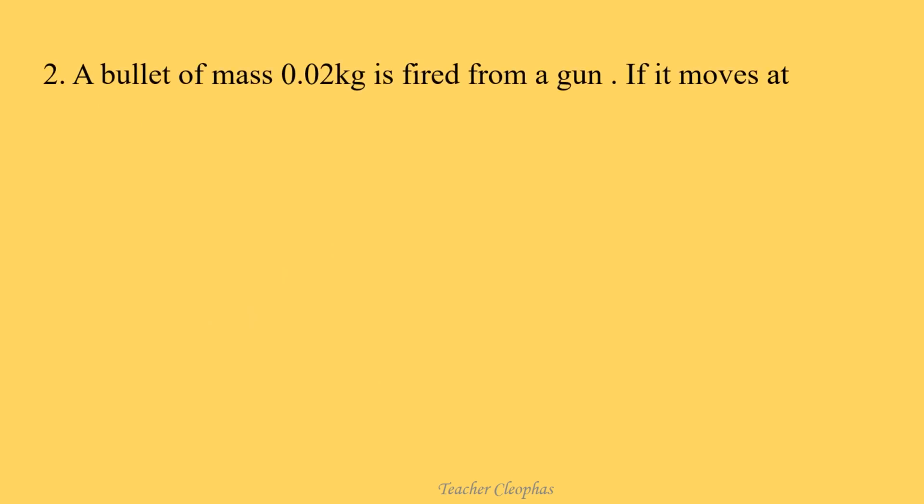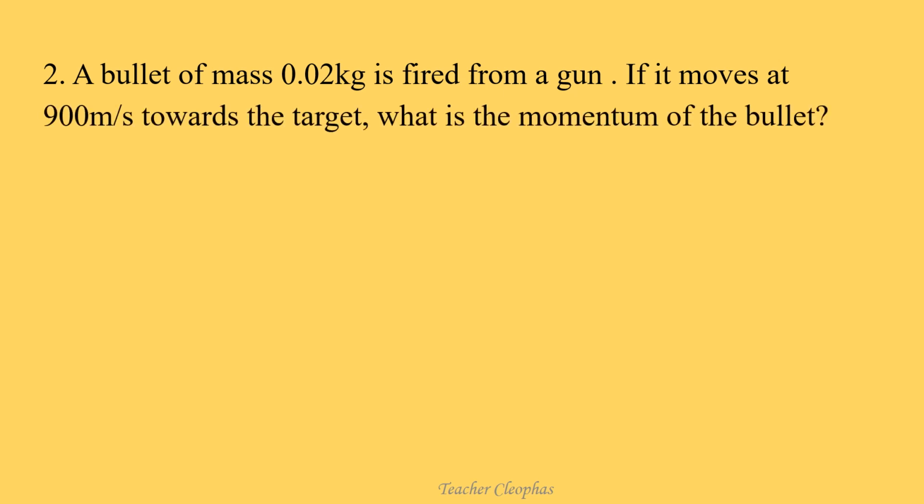Question 2. A bullet of mass 0.02 kilograms is fired from a gun. It moves at 900 meters per second towards the target. What is the momentum of the bullet? Solution. So we write what we know first, and that is the formula or the equation.